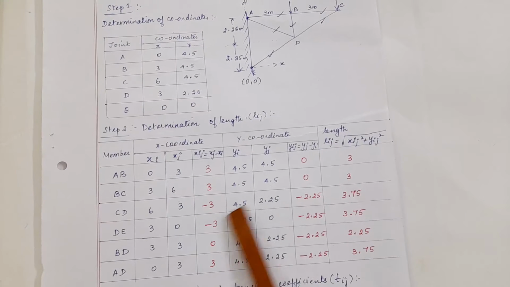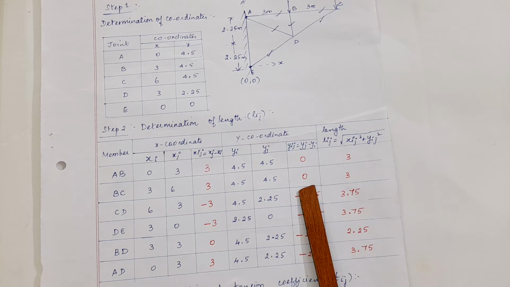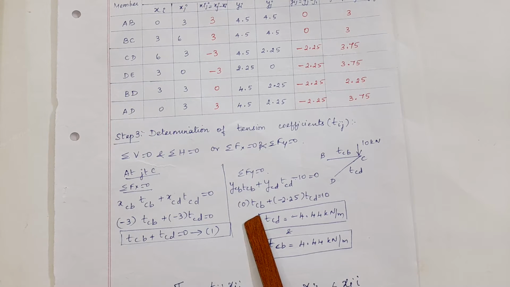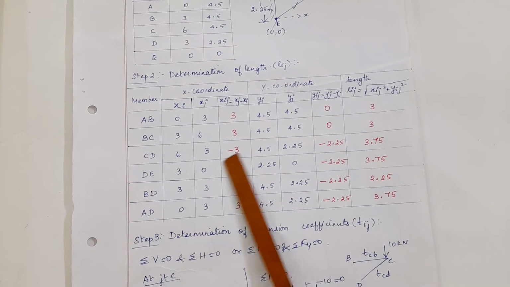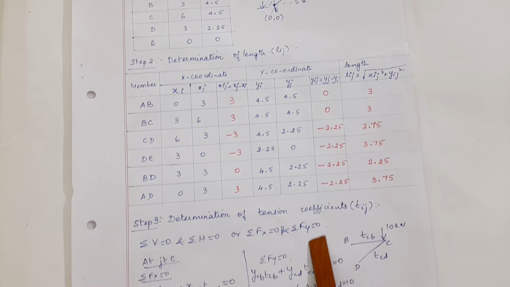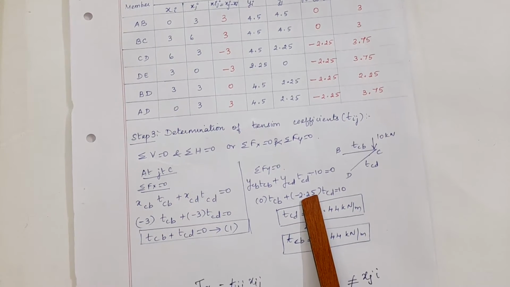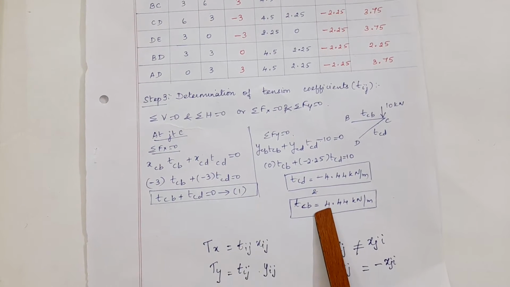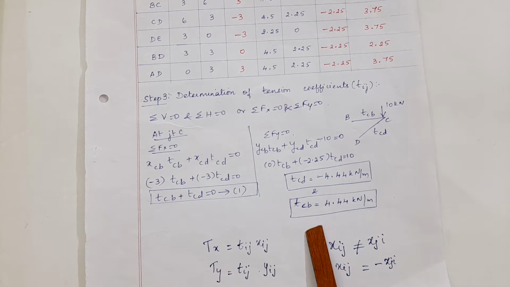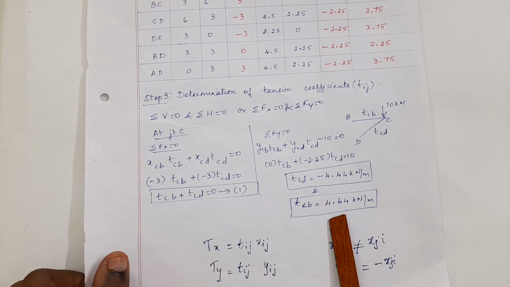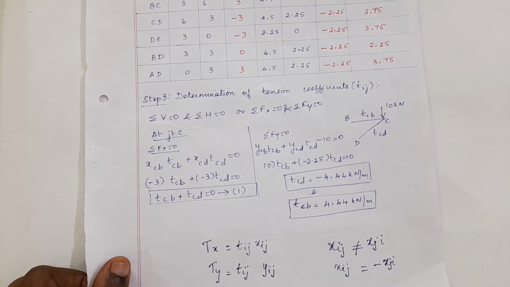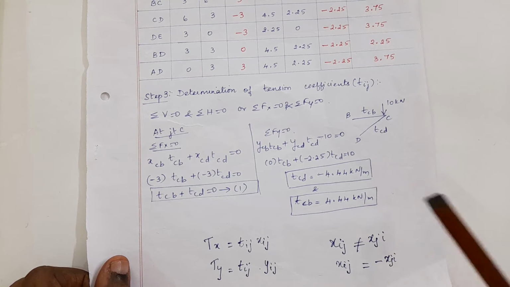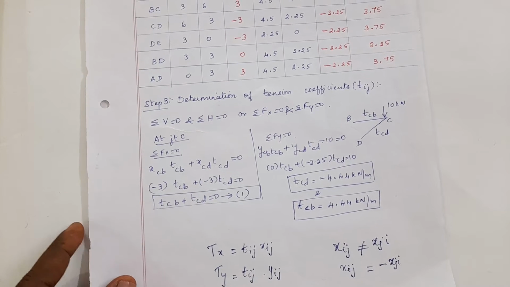Check YCB: BC value is 0, CB is also 0, so I get 0 here. For CD, the y coordinate is minus 2.25, which I have substituted directly. T_CB and T_CD are unknowns. I form a relation, and finally, solving simultaneously, I get the values of the two unknowns, the tension coefficients in CB and CD.